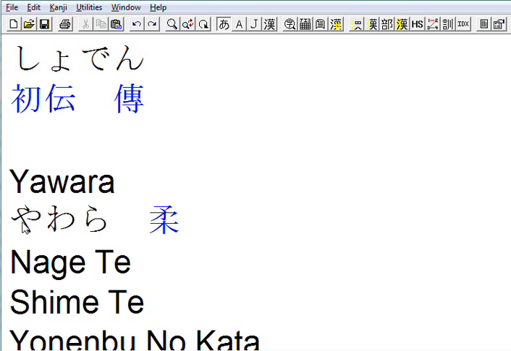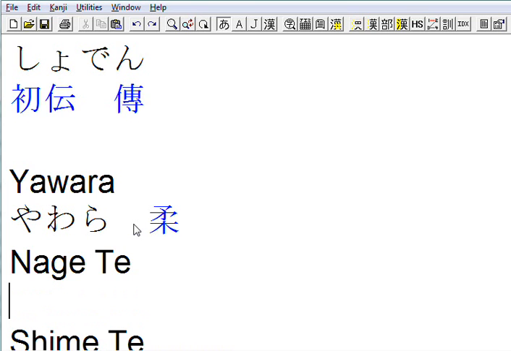So he actually wrote out the yawara, and that's typically done when you're using Japanese and you want to specifically use a certain voicing or a certain pronunciation of a character. Okay, so that's yawara.